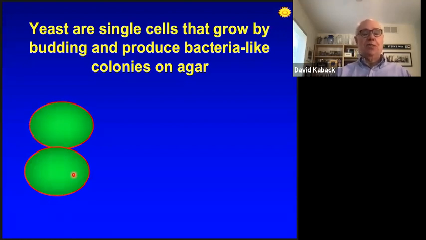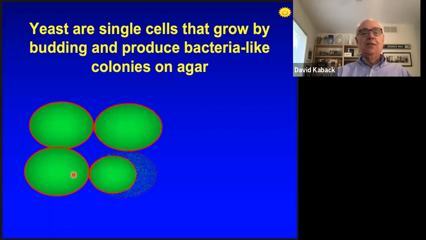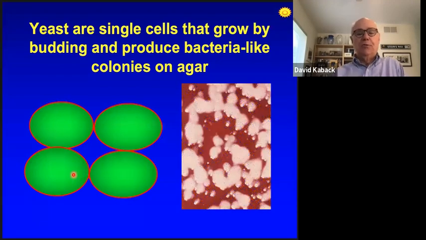You have mitosis, it divides into two separate cells, and each one is capable of growing again to form another cell, and those grow and grow just the way bacteria do, exponentially, as I described in the first lecture, to produce colonies that aren't all that different from what we see in bacteria.